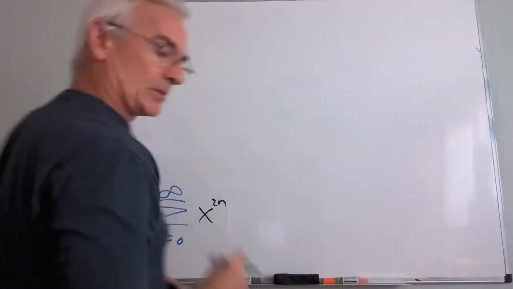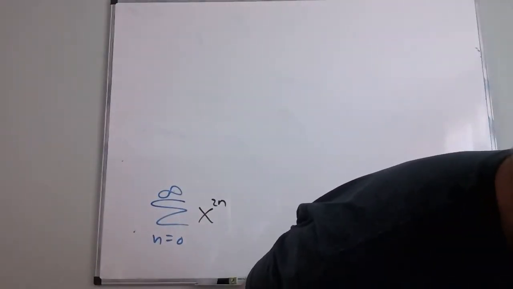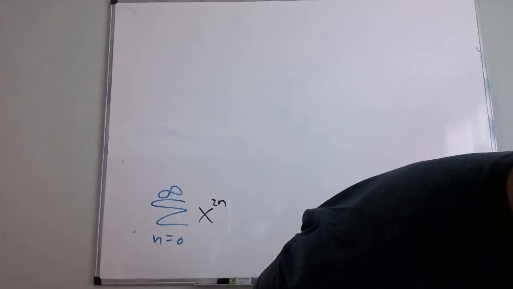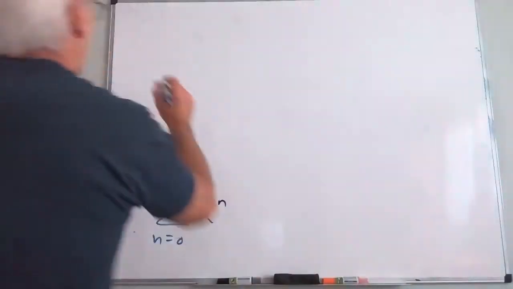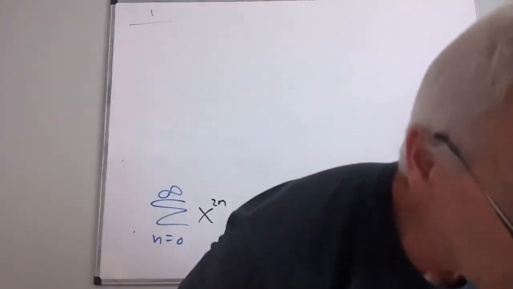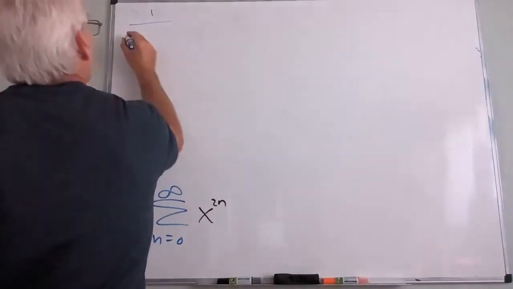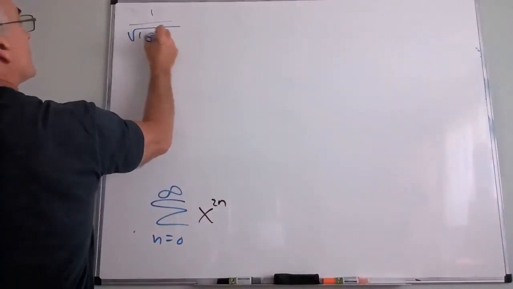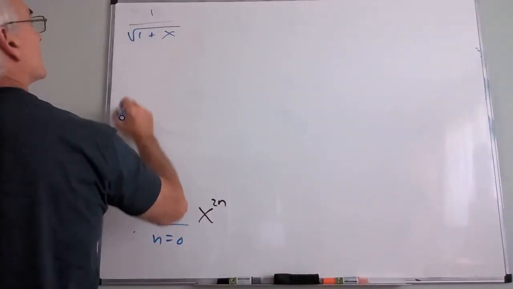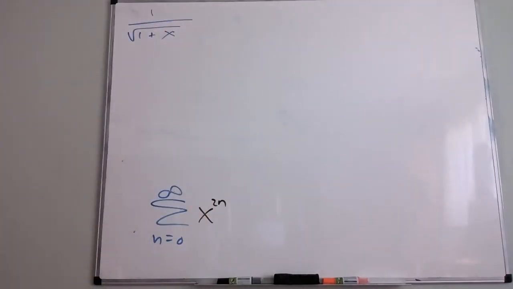So let's consider one that I haven't done yet. I have 1 over 1 plus the square root of 1 plus x. This is appropriately evil. Now I can do this as a Taylor series.